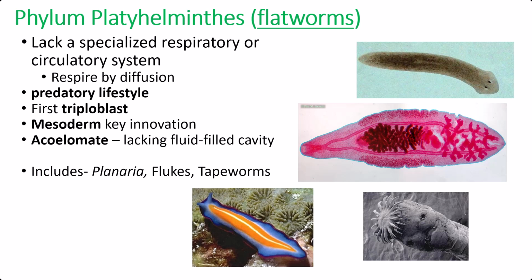So the mesoderm, that middle layer, was a key innovation for them. And they are acoelomate, meaning they lack a fluid-filled cavity. This includes the planarian and flukes and tapeworms, and then also there are marine flatworms that are brightly colored, so kind of pretty to look at.